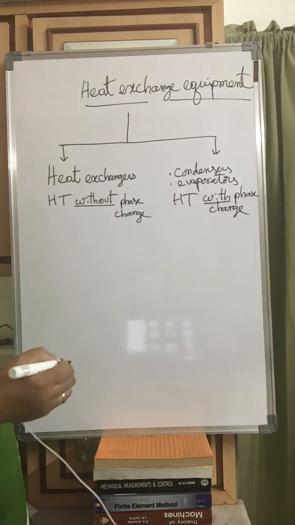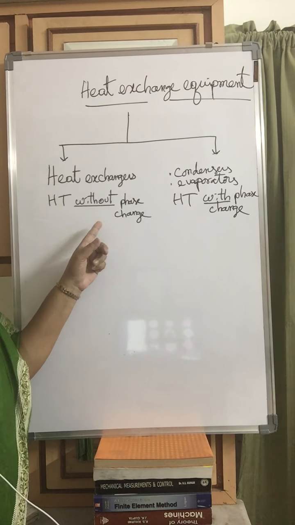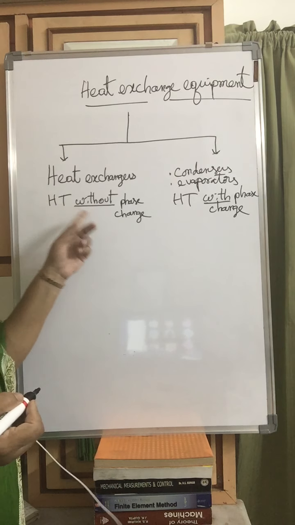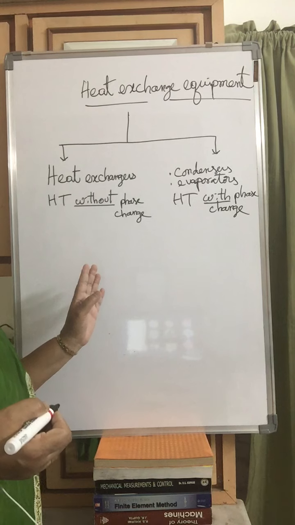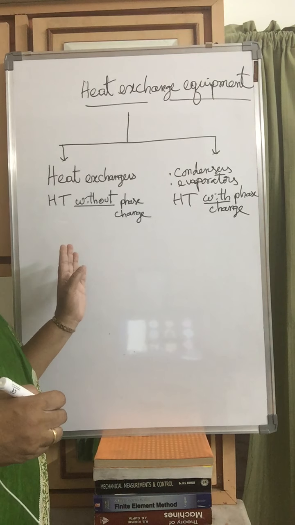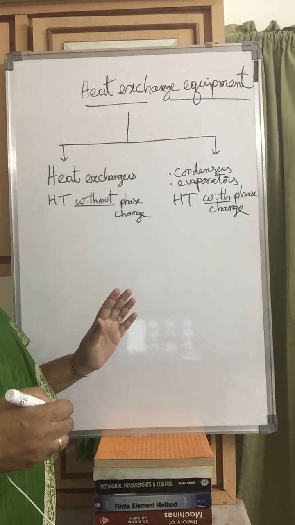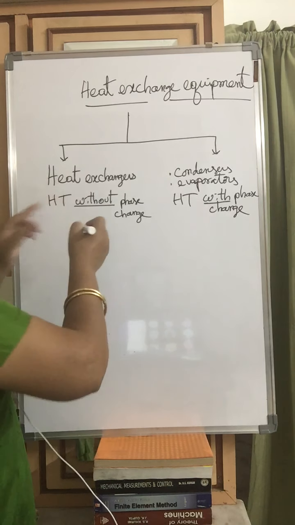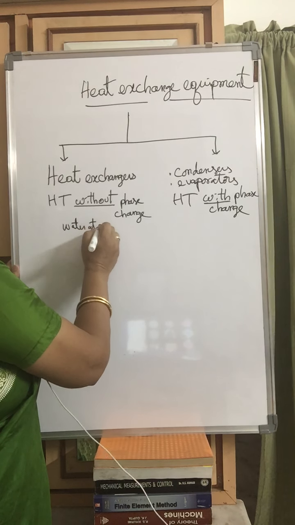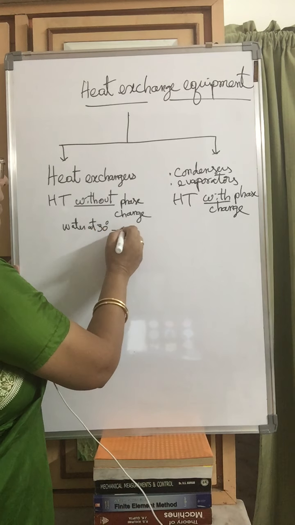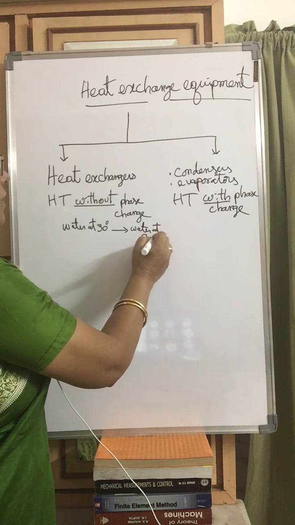Heat transfer without phase change means heat transfer takes place between two fluids, for example between two liquids, initially in the liquid state and finally also in the liquid state. For example, water at 30 degrees centigrade is to be heated to water at 70 degrees centigrade.